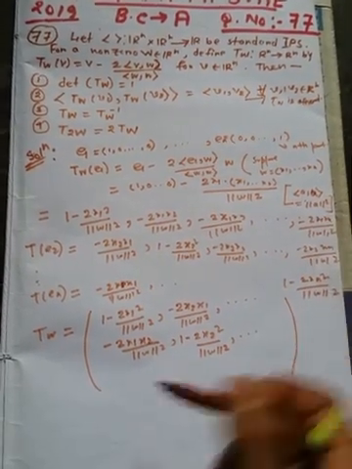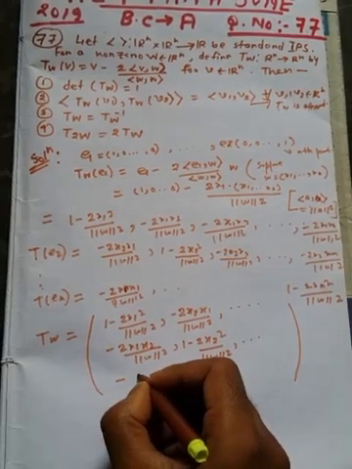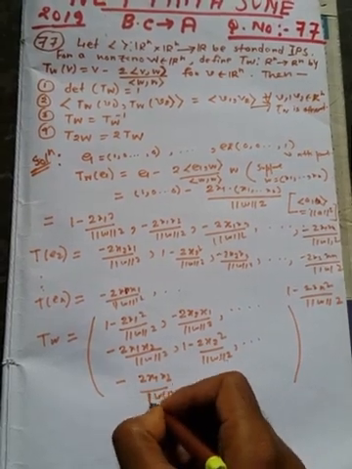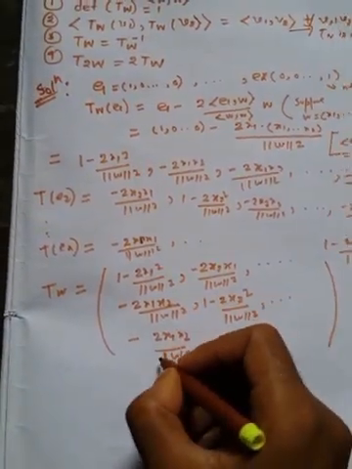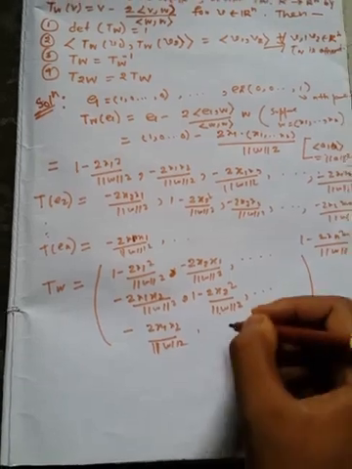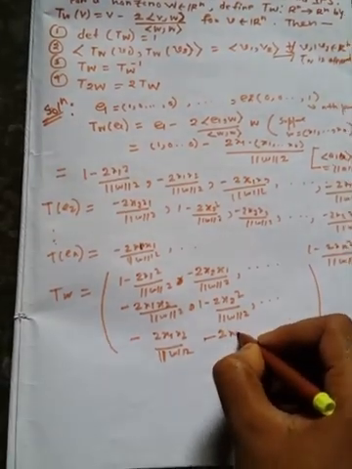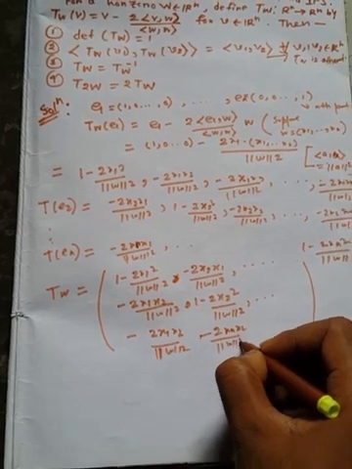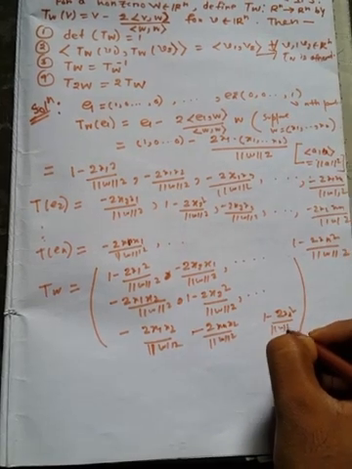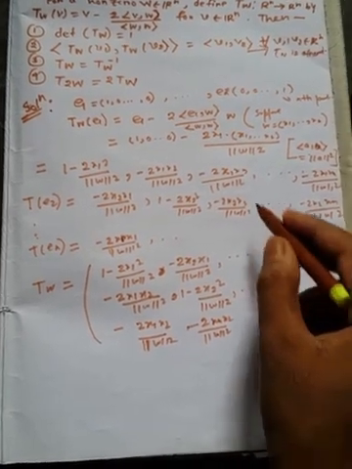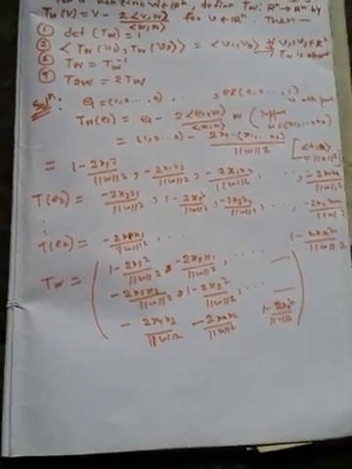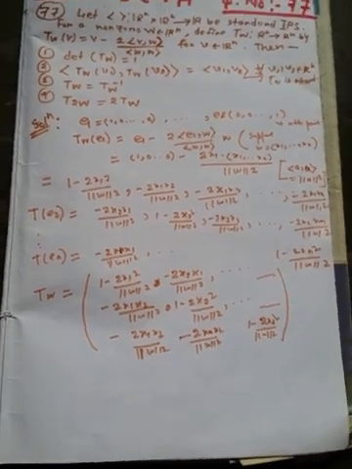And the last: minus 2 x1 xn by norm W square, and next minus 2 xn x2 by norm W square, and the last term 1 minus 2 xn square by norm W square. So we get this matrix. So this is the matrix representation of TW.